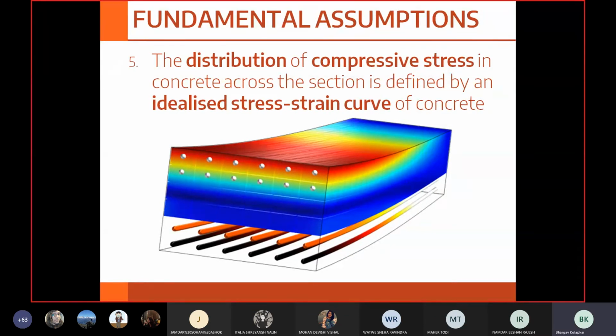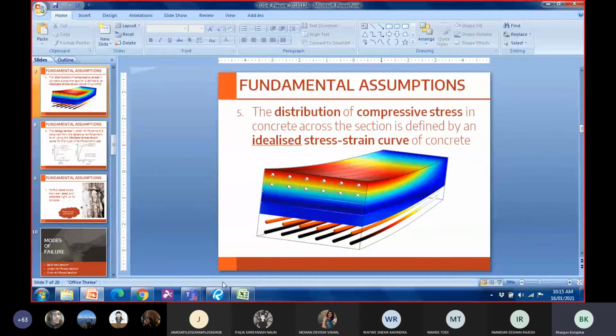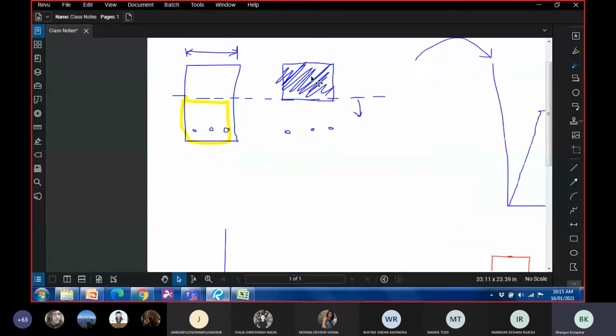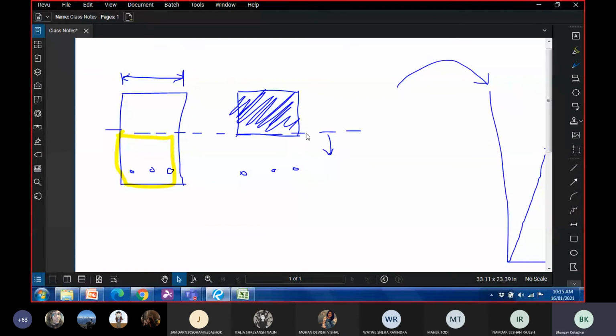Okay, never mind. So the distribution of compressive strain in concrete across the section is defined by an ideal stress strain curve of concrete. Forget this wording. What this means is, if I take this cross section, let me take the same cross section.